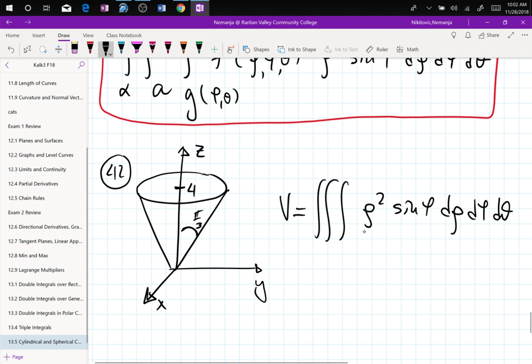That doesn't change. Is this a full cone? Yes, it is. 0 to 2 pi. Now, here's the $1 million question. What is the phi, the inner integral? What are the limits? Well, 0 to pi over 3.